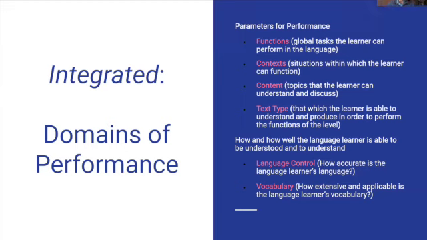Text type is different kinds of what they can understand and what they can produce to do these different kinds of functions. So for example, maybe I can read a menu, or maybe actually for our students, probably, they can read a newspaper article on almost any topic just fine, but they might get really confused with a menu, right?